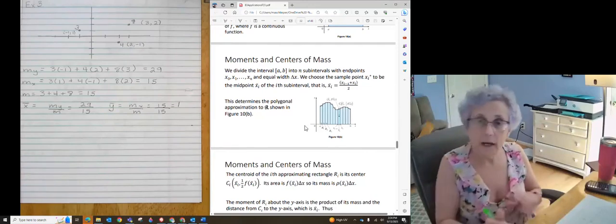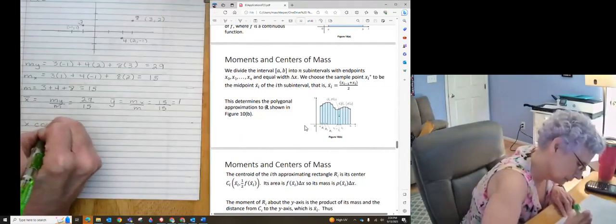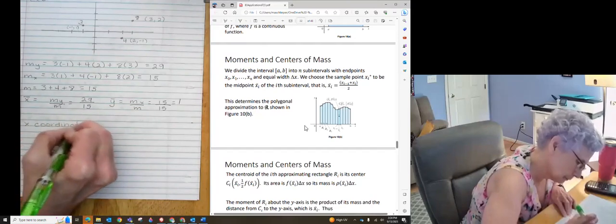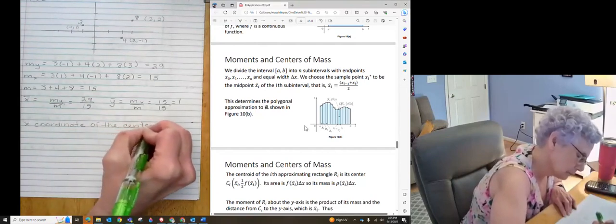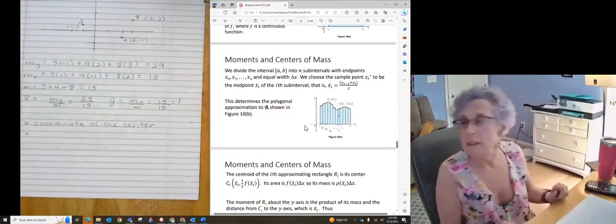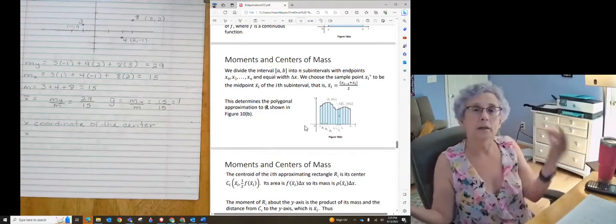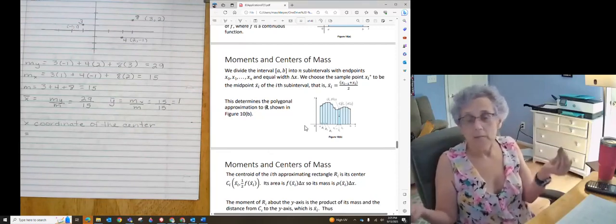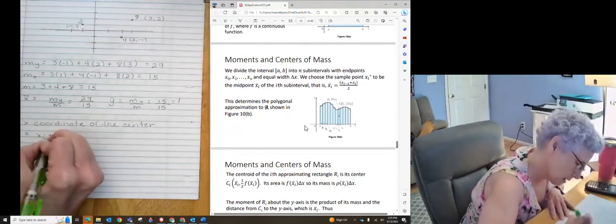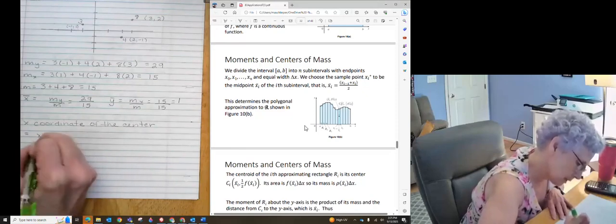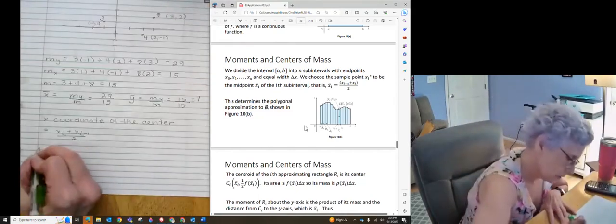So your x coordinate of your center is equal to x sub i plus x sub i minus 1, divided by 2. The average between those two.